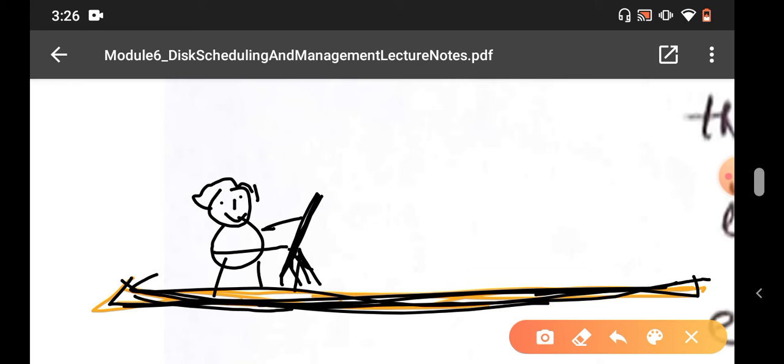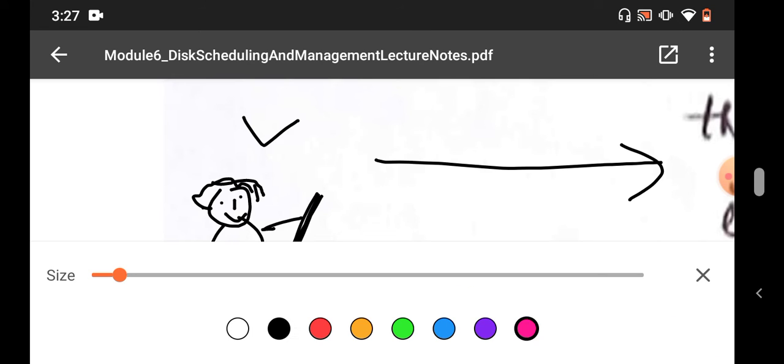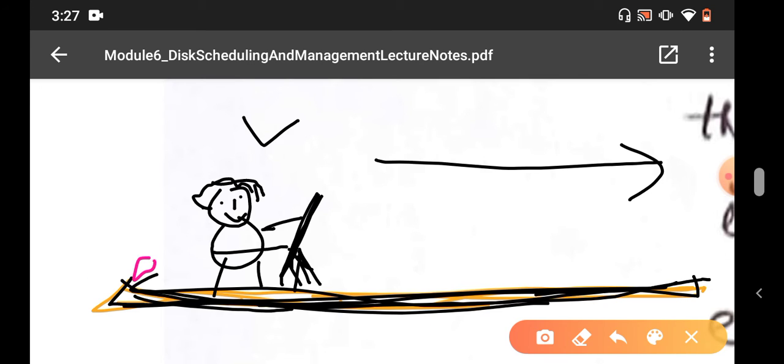So what happens, suppose for example, if we take the railway platform sweeper over here, the swatch worker over here, the person may move from here to here, and in between if he is at this particular location and he finds that some waste is thrown over here, then he will first come over here.